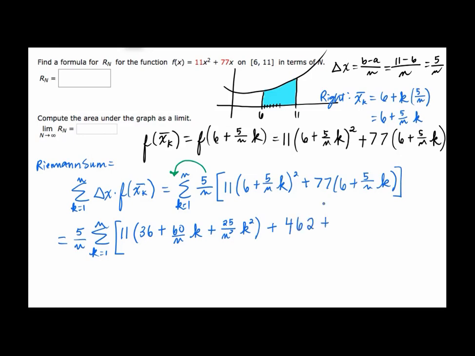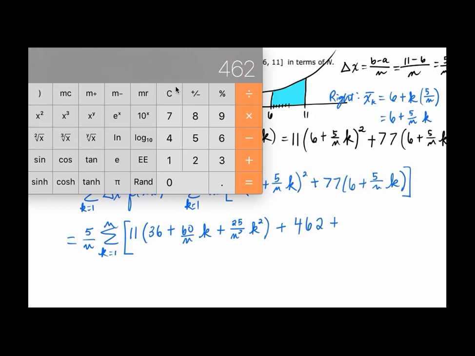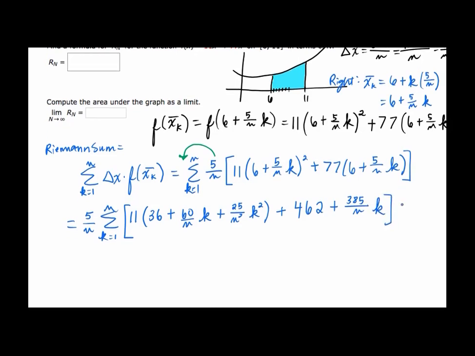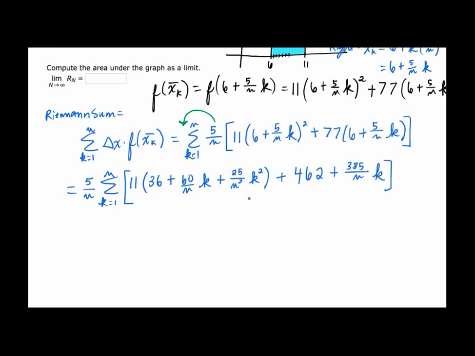Plus, we've got 77 times 5, which is 385 over n times k.